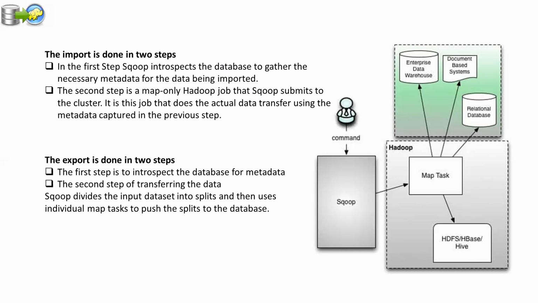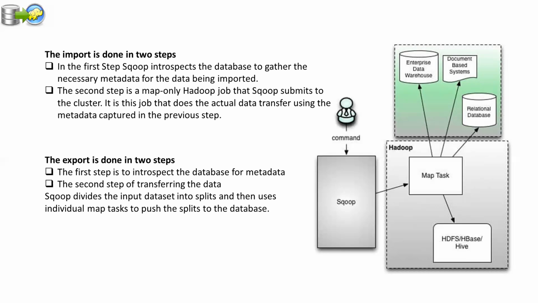Based on the metadata, Sqoop is going to launch or submit a MapReduce job to the cluster, and it is going to get the actual data. After gathering the metadata, the actual data transfer happens from the MySql database to HDFS, right? The user has to submit the Sqoop job to the cluster, and then Sqoop is going to import data based on the metadata to the Hadoop cluster, that is HDFS.